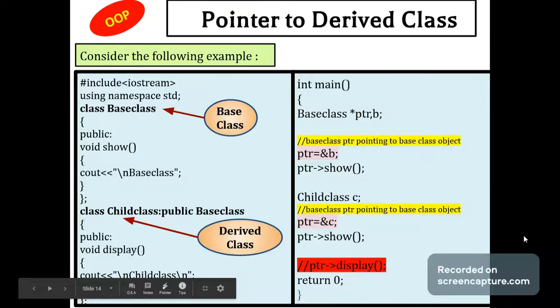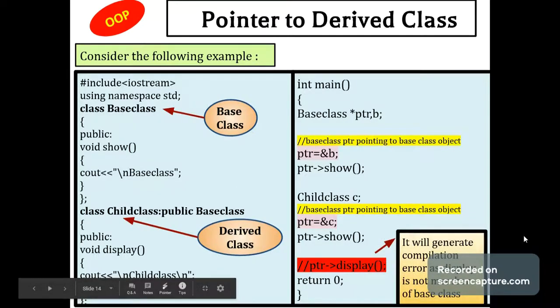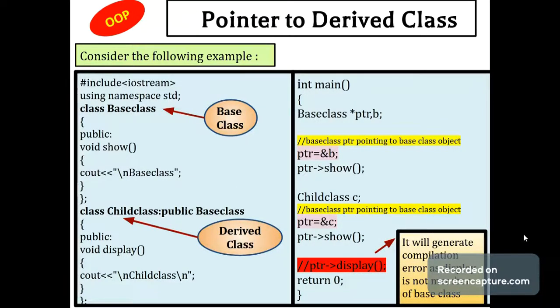That is why this will generate a compiler error, as display is not a member of base class. So the base class pointer cannot access the function of the derived class, though it is pointing to the derived class object. Okay, so output will be base class and base class.